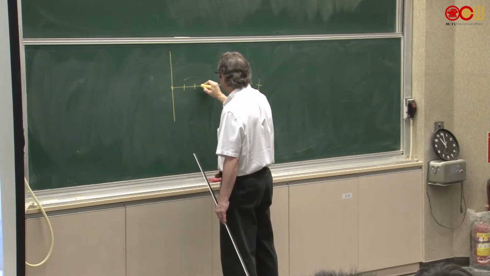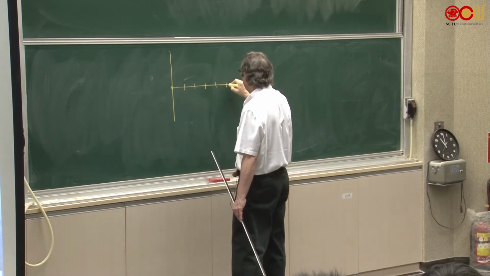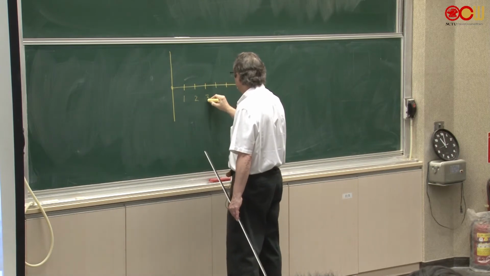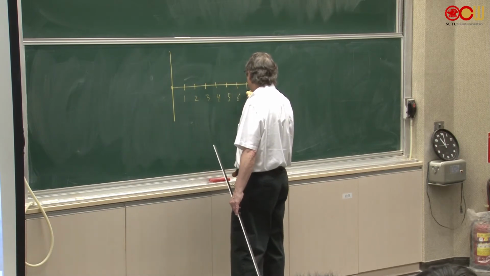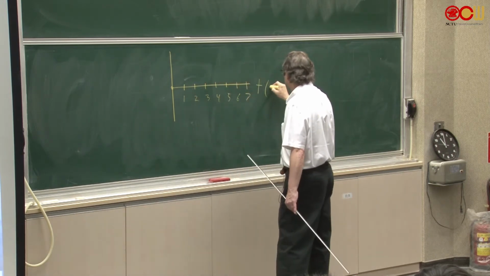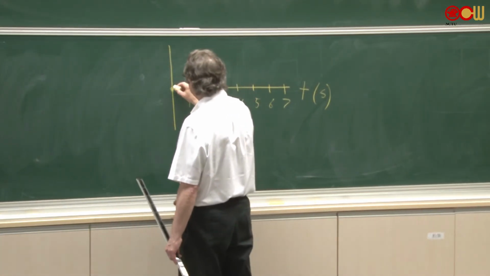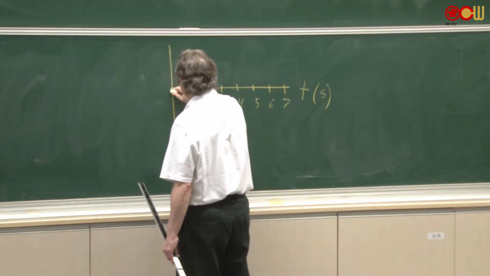Let's say 1, 2, 3, 4, 5, 6, whatever. It's 1, 2, 3, 7. T is in seconds. And I'll give you a hint that t equals 0, which is right here. It's 0 at 1. So you know it's going to look like this. That's 1 point.